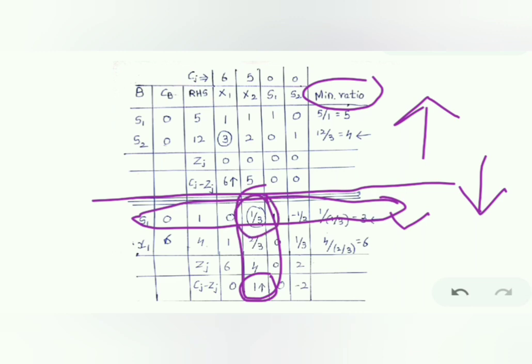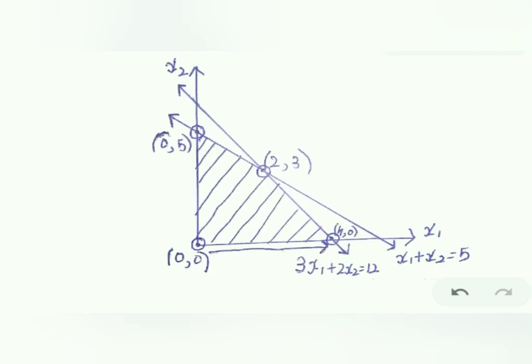Again, we need to move for the next iteration. But before that, let's see what happens in the background. Now 0, 0, we didn't get anything. We moved here and we got 4 at 4 comma 0. We tried to find whether it was giving the maximum profit or not. But no, still nothing.